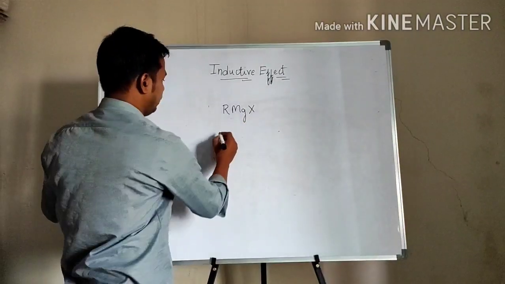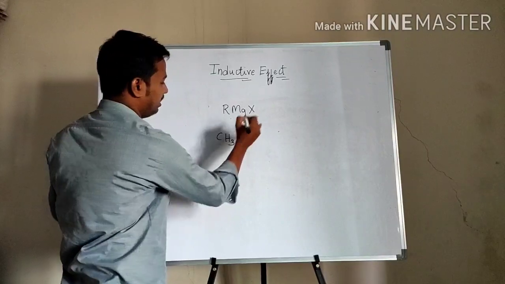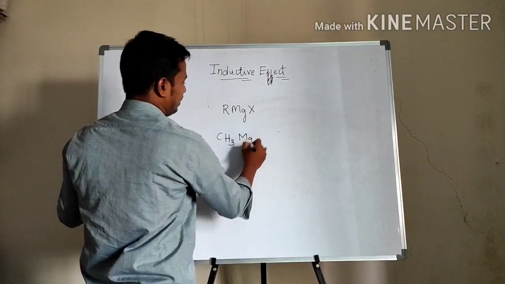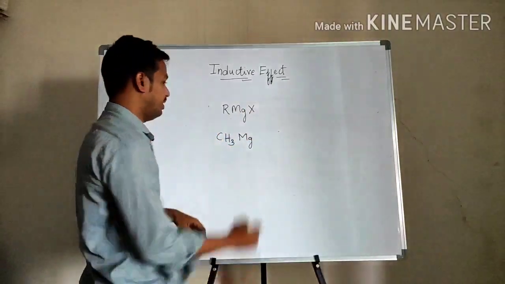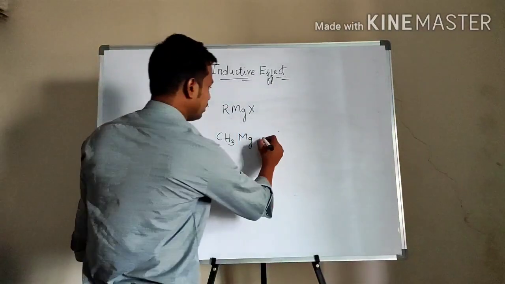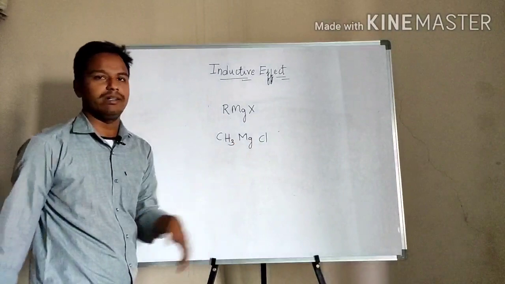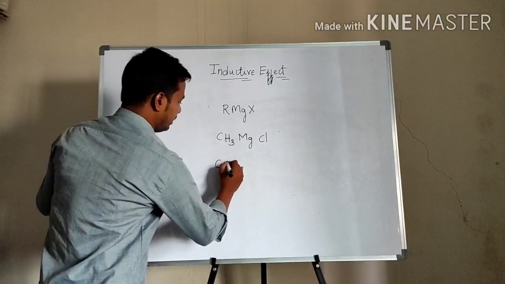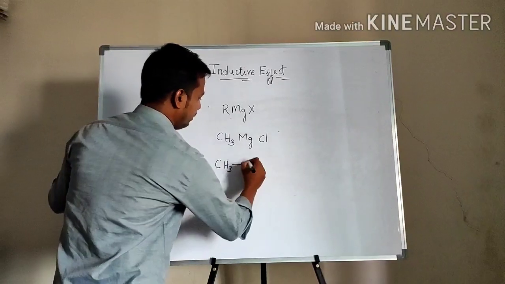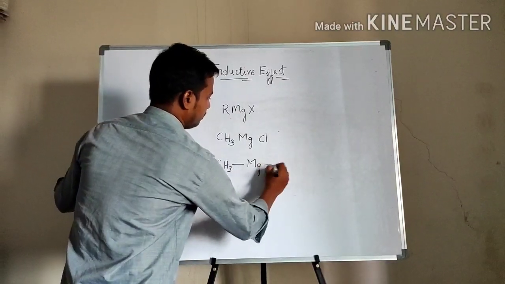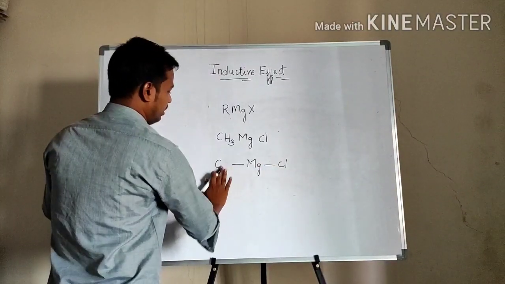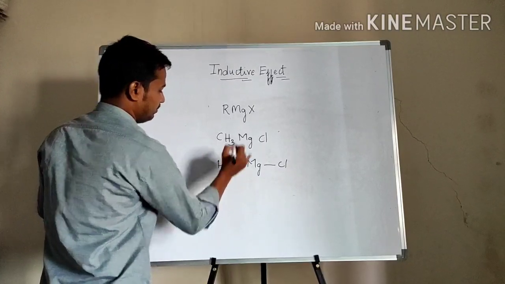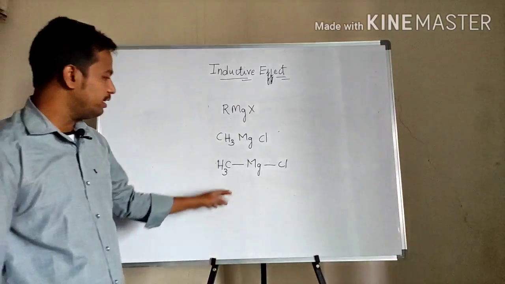I will take an example: in the place of R, I am taking methyl, magnesium, and in the place of halogen X, I am taking chlorine. You can take bromine or iodine also. So I will represent it like this: methyl magnesium chloride, CH3MgCl. Actually, carbon is directly bonded here.